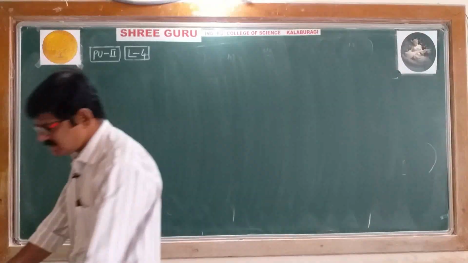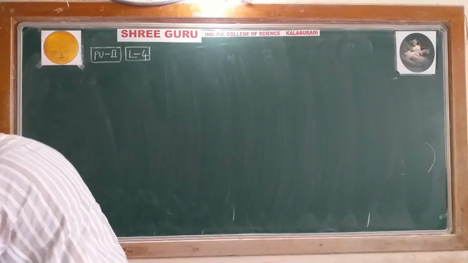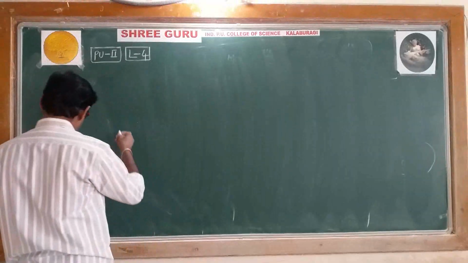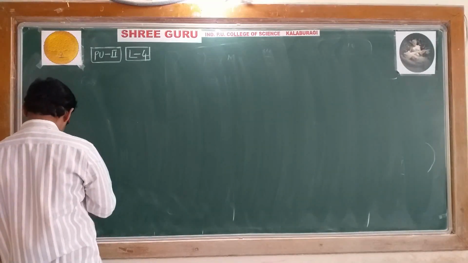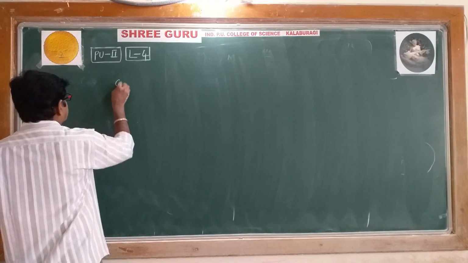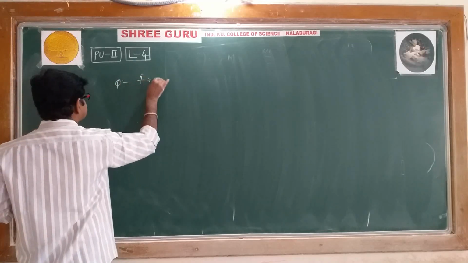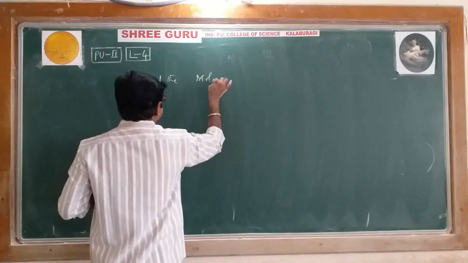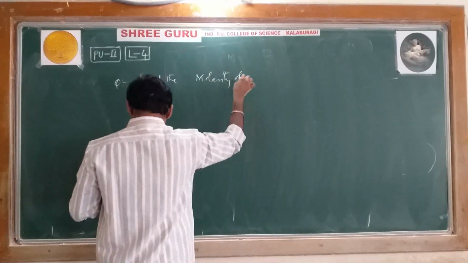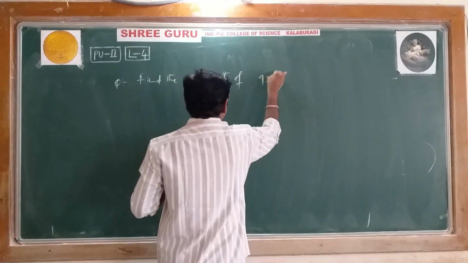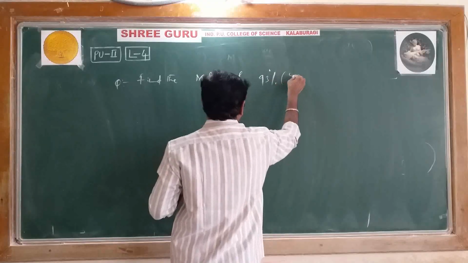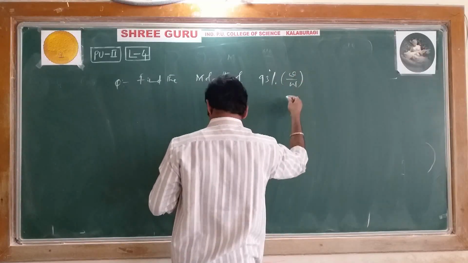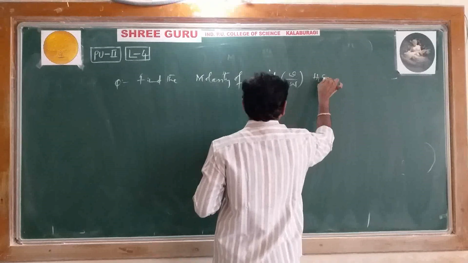Okay, the question is like this. Find the molarity of 93% W by W of H2SO4.